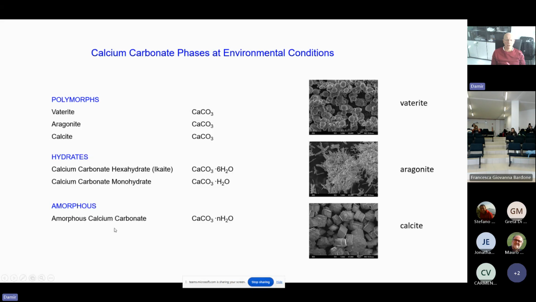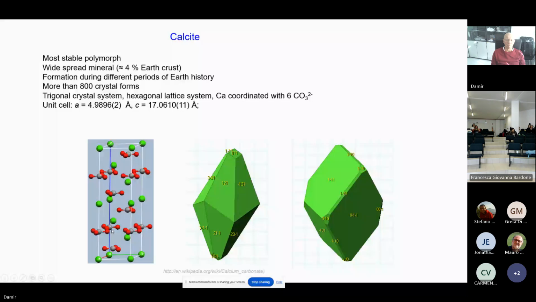It is stabilized by different organic or cationic modifications, and it is a typical precursor in biomineralization. I already said that calcite is the most stable polymorph. It is a widespread mineral. It covers 8% of Earth's crust. Actually, when we talk about calcium carbonate and its appearance in the world, we talk about the polymorph calcite.